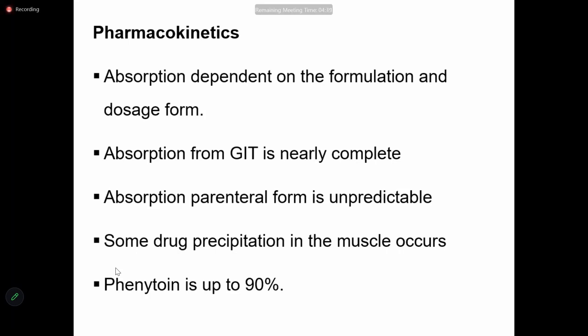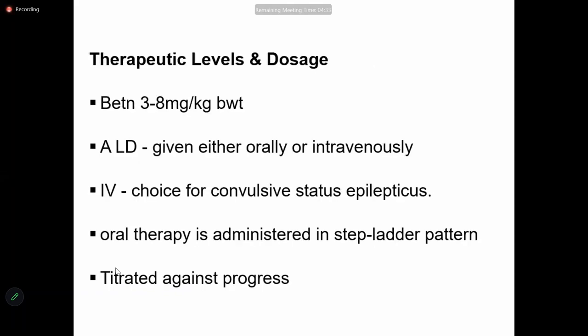However, it is up to 90% plasma bound. So the plasma binding is quite high. The therapeutic range is between 3 to 8 milligrams per kilogram body weight. That can be given as a loading dose. It can also be given as an intravenous drug, and can also be administered orally.